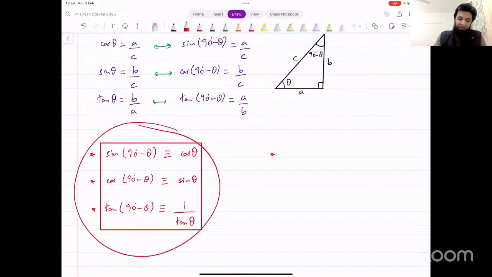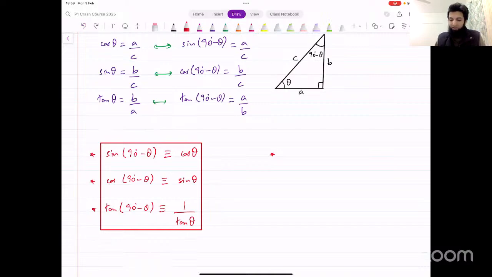This is what the identities are going to look like in degrees. You could write down their corresponding identities in terms of radians as well. So you can say sine of pi over 2 minus theta would be equal to cos theta, identical to cos theta. Cos of pi over 2 minus theta, that would be identical to sine theta.